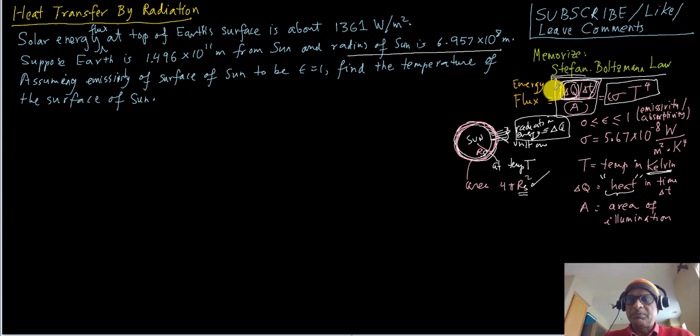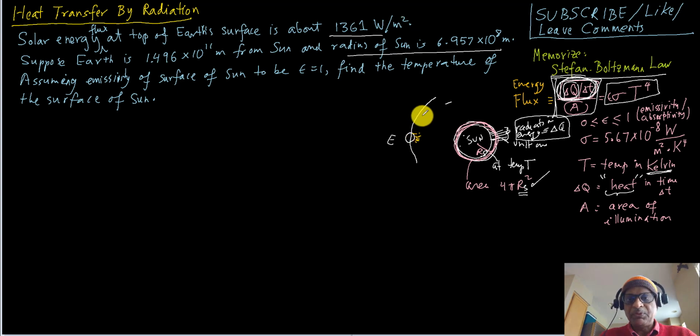Then somehow the numerator I can get by knowing what is coming out from the sun, and this Earth is way out here, Earth is here, and on that Earth, how much is falling is given by this. So it is falling this amount of radiation energy per unit time, per unit area.